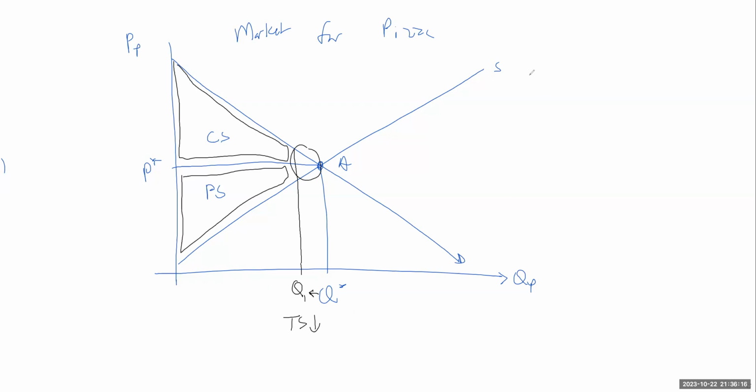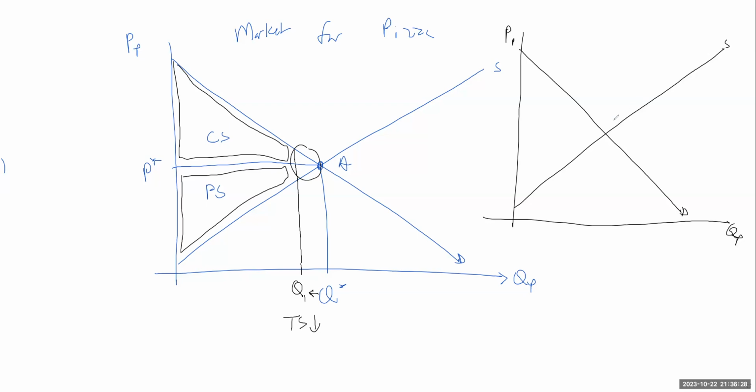Okay, let's try this again, with the benevolent planner trying to increase production and quantity. So we go happy-go-lucky equilibrium A, consumer surplus, producer surplus, P star, Q star.